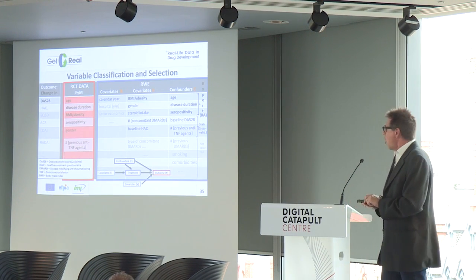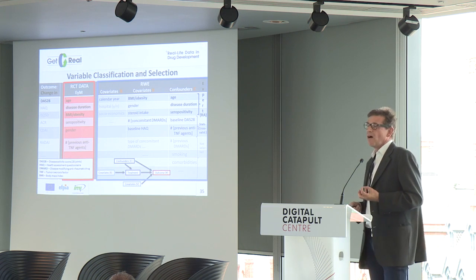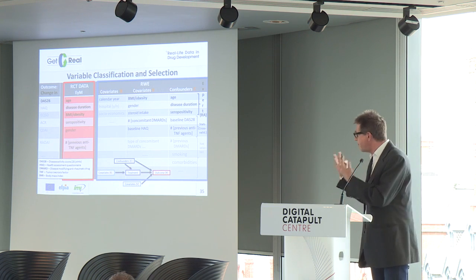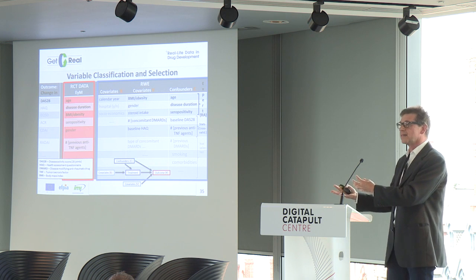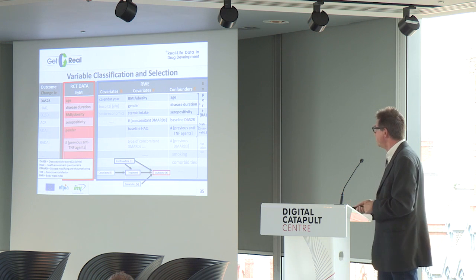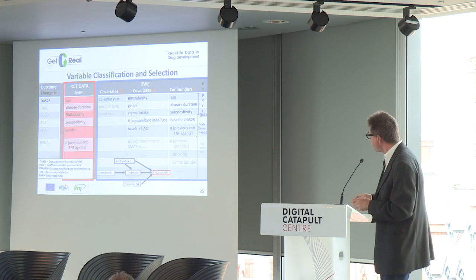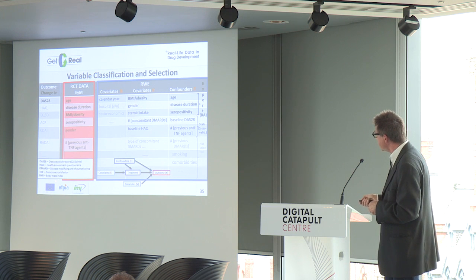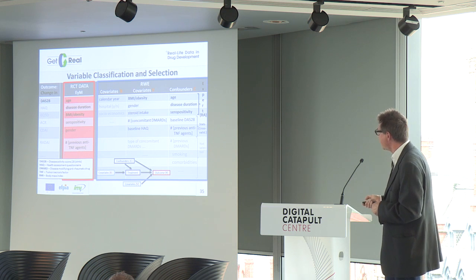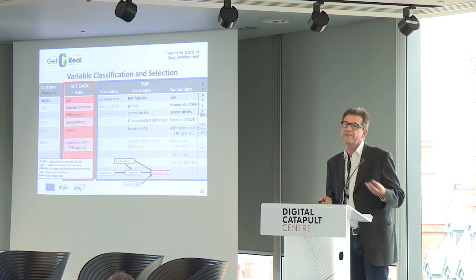Now, where do we get the data from to populate, if you like, this model that I showed you on the previous graph? So just briefly, these are the outcomes, and in our case study, we used the DAS 28, which was available both in the RCTs and in the observational data.